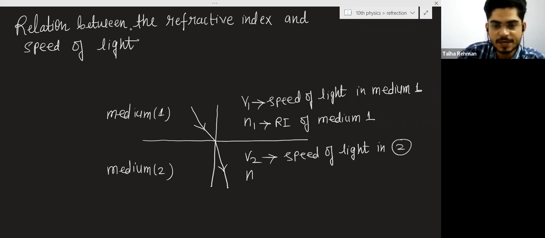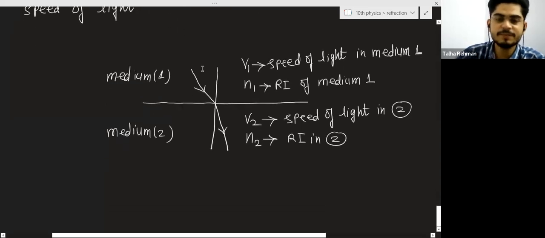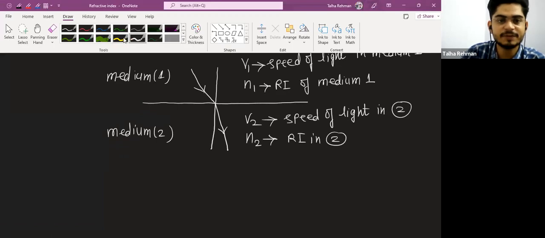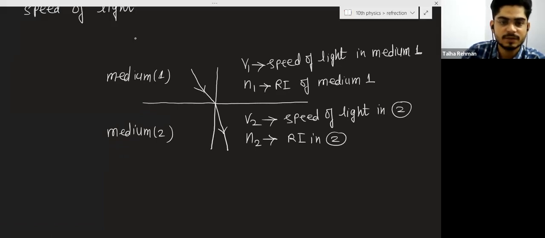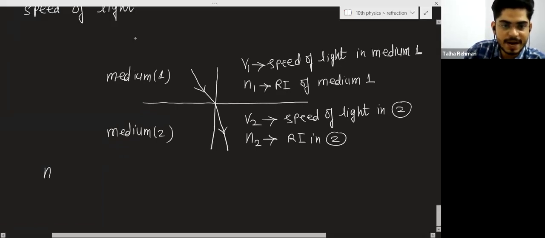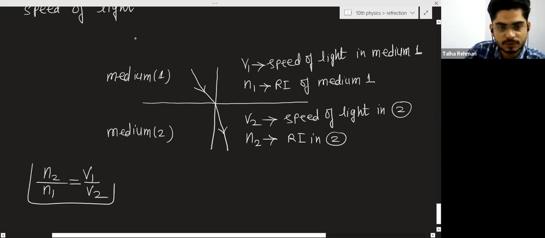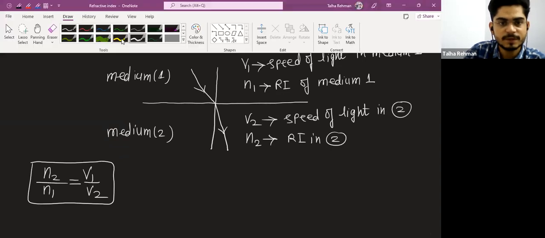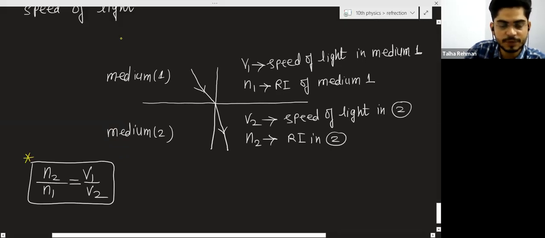And N2 is the refractive index in medium 2. So the relation between the speed of light and the refractive index: when you write N2 divided by N1, you will get V1 divided by V2. So this is the relation between the refractive index of two mediums and the speed of light.